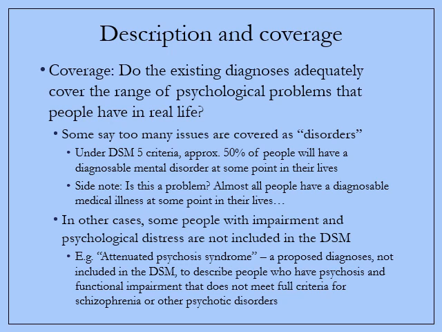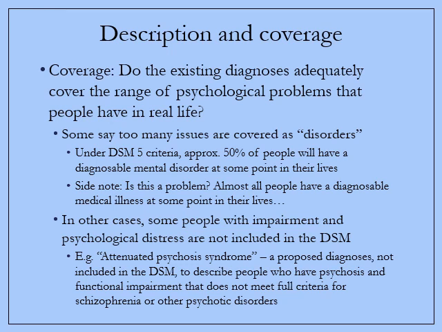In other cases, some people with impairment and psychological distress are not included in the DSM. So again, I'm going to give you a psychosis example because that's my wheelhouse. There's something called attenuated psychosis syndrome, which is not a DSM diagnosis, but has been proposed to be added to the next DSM, the DSM-6.